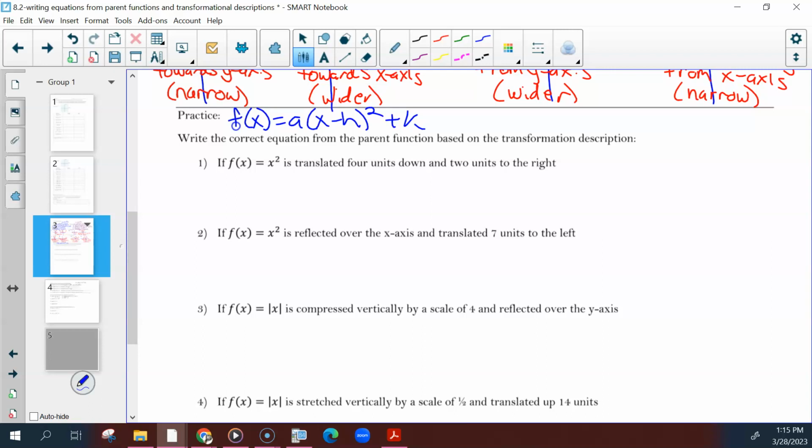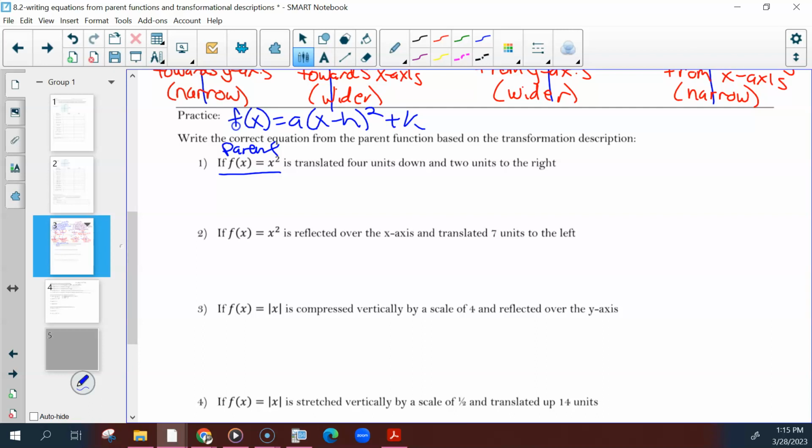So with this first example, we're going to outline, underline, highlight, whatever. Important things, talk about what those mean, and then that'll help us write it. So here, this tells us what our parent function is. That's going to help us format the equation.